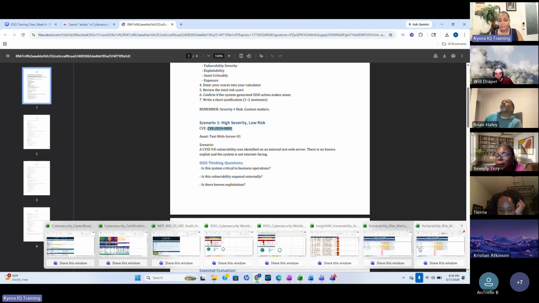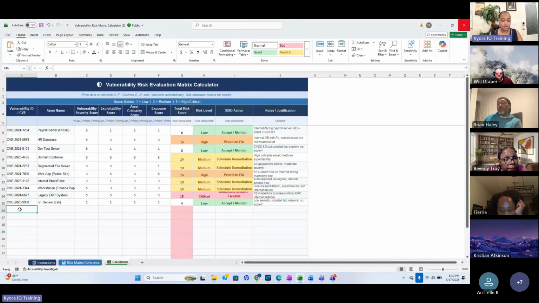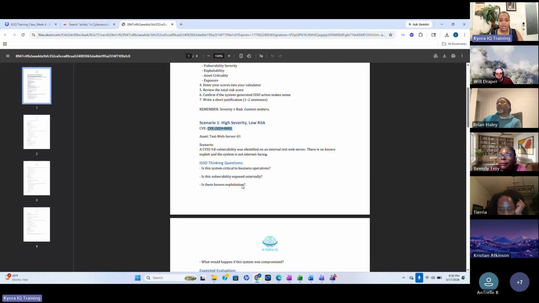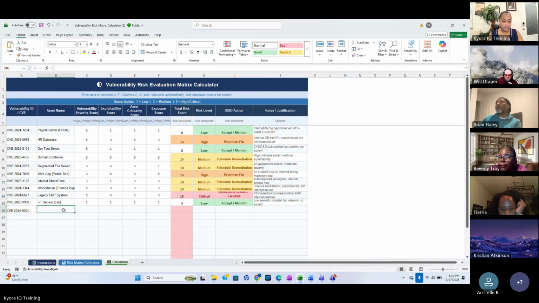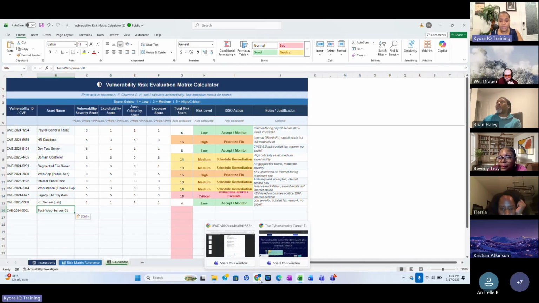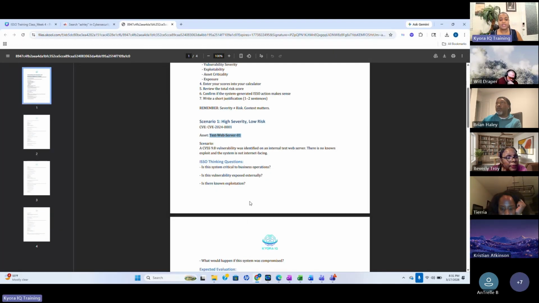So you would come back into your workbook, you paste the new CVE that you have from your scenario, and then you have your asset. So you would copy that asset into your workbook, your asset name, and then you would come back here and it says scenario.